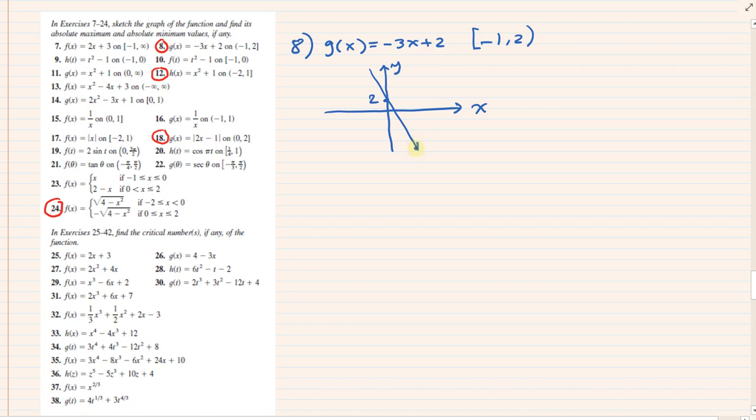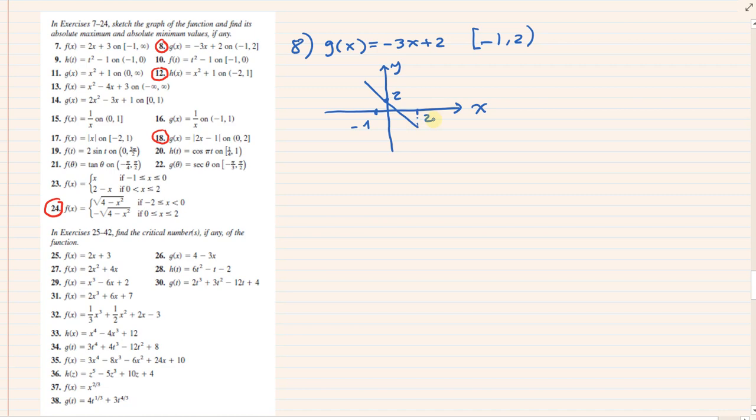Now I'm not going to put arrows at the endpoints of this line, because we are given an interval from -1 to 2. Here's -1, and call this 2.